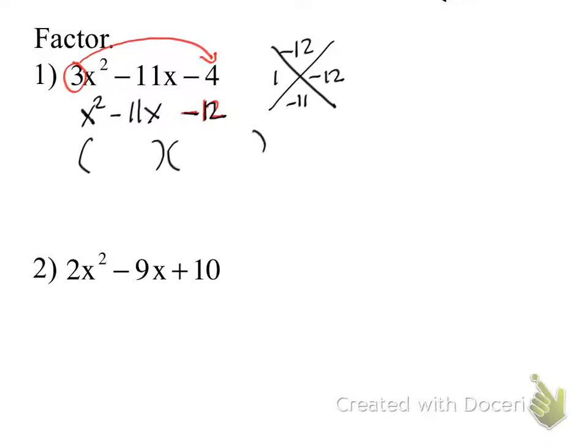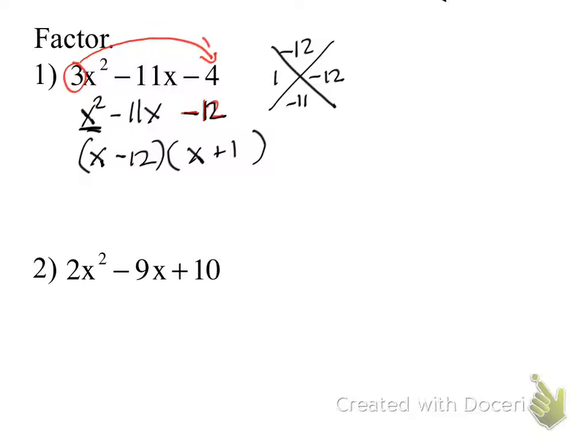It factors to x minus, x plus. You just said minus. Okay. I'm writing what you say. So x minus what? -12. Good. And? x plus 1. Good. Okay, now what's our last step in the process?